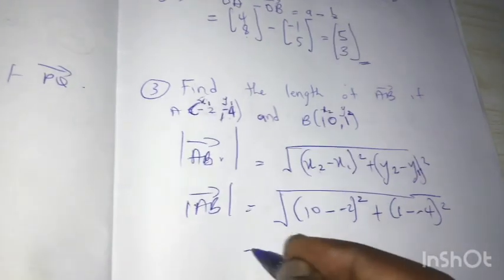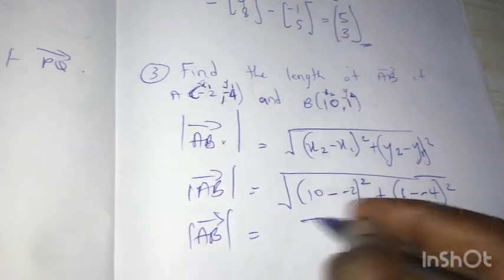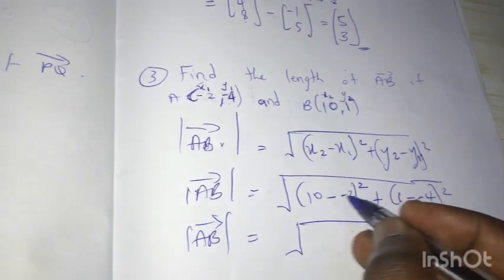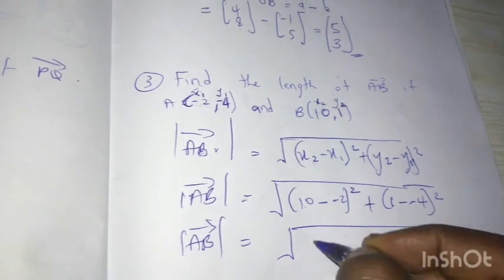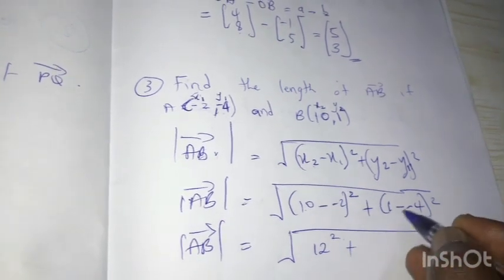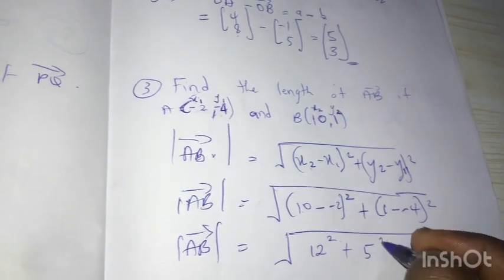Squared. So the length of AB, or vector AB, is going to give me the square root of, when two negatives meet, it becomes positive. So 10 plus 2 is 12 squared, plus two negative positive, 1 plus 4, 5, so 5 squared.